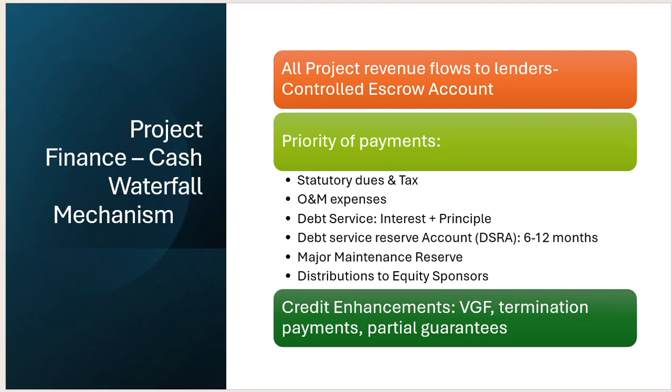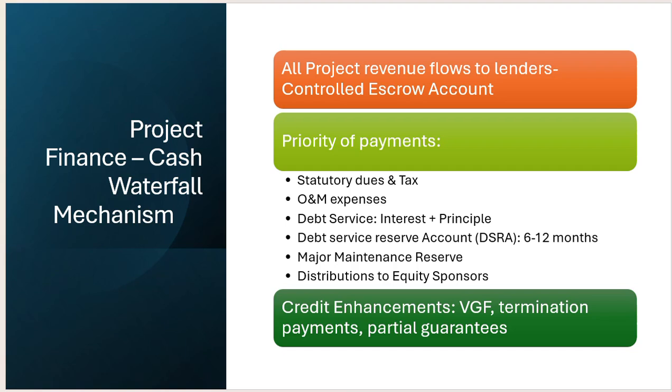Let's move on to the next slide, where we discuss the project finance cash flow waterfall mechanism, where all project revenue flows to the lender through a contractual escrow account, with a priority of payments. So when funds flow into the escrow account, how is that fund distributed? I'll discuss that priority here, guys. There is a chance that the interviewer will ask you what the priority of payments is once the fund inflow is happening.